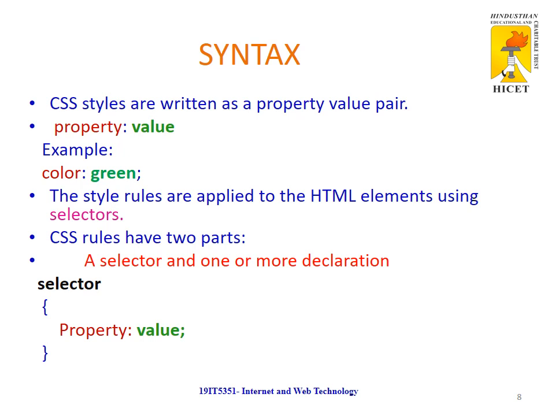If the property is color, the value can be green. If the property is age, the value can be a number, 10, 20 or any number. This is the main style. While writing the syntax, we have to use the selector.